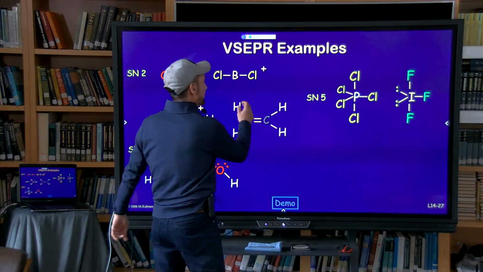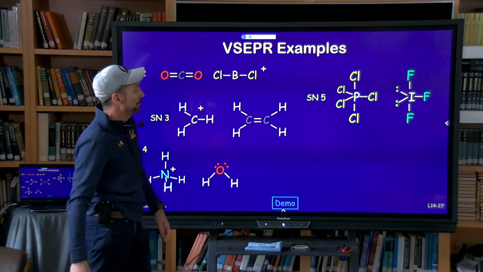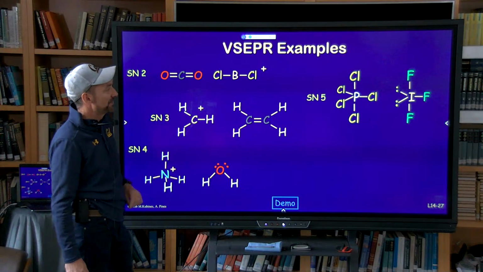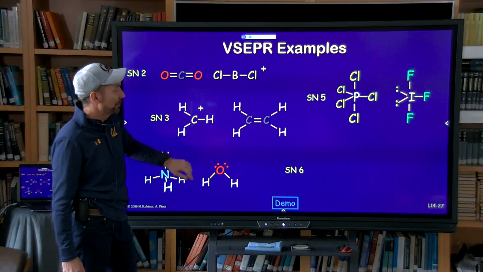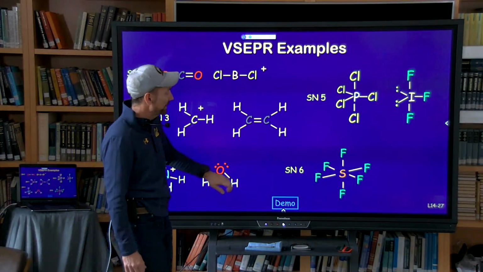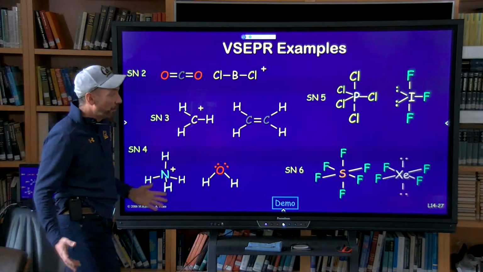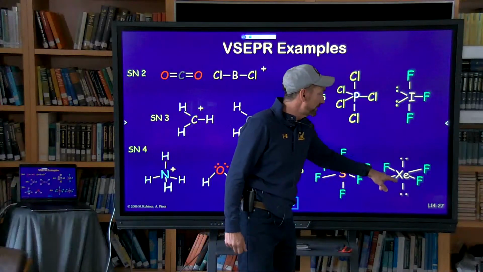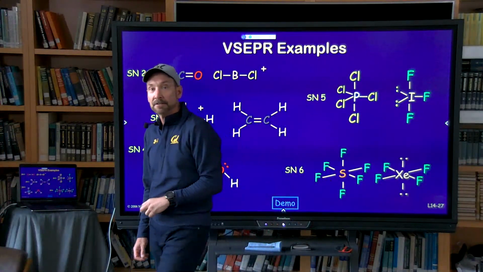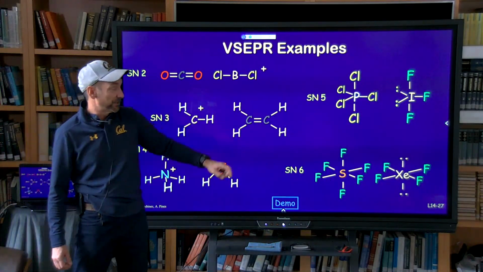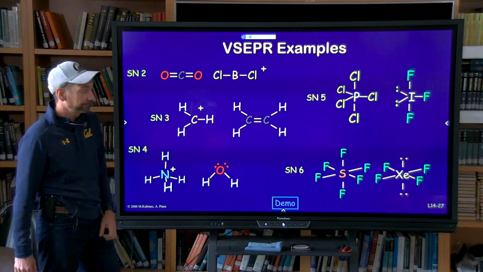We'll talk about that later. There are some times when you might want to make a decision about which is the best place to put a lone pair versus a bonding pair. Here's steric number 6, sulfur hexafluoride, or here's steric number 6 on xenon, xenon tetrafluoride. That is a square planar molecule.